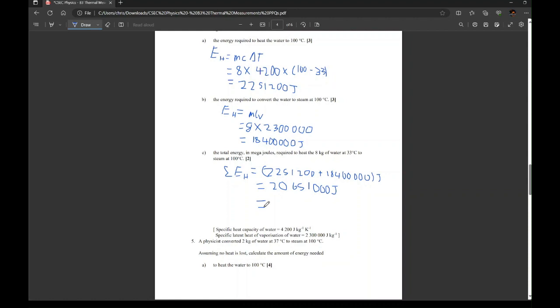Divide this by a million, and you get 20.651. So let's just write that as 20.65. That's megajoules. Mega is the capital M, milli is the common M, so that's important to remember that difference. And that is indeed our answer.